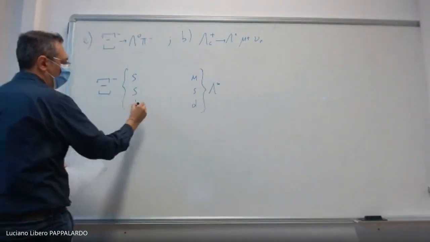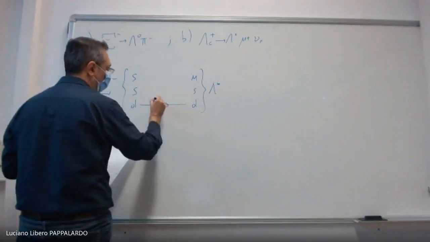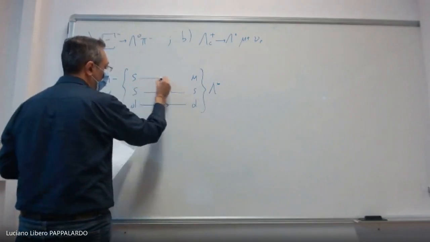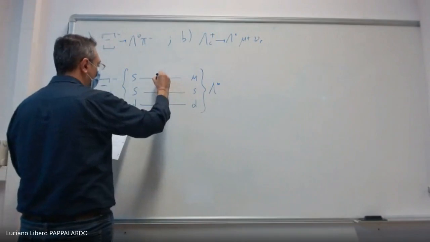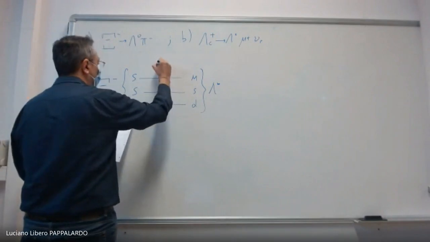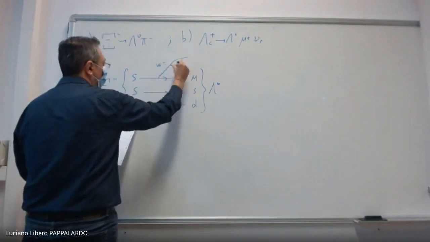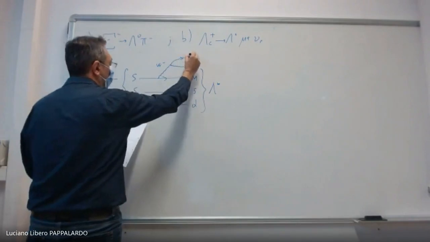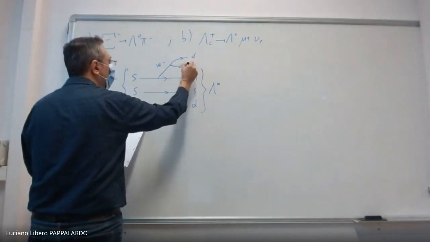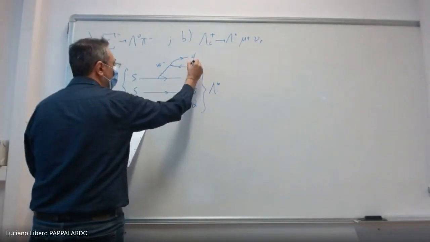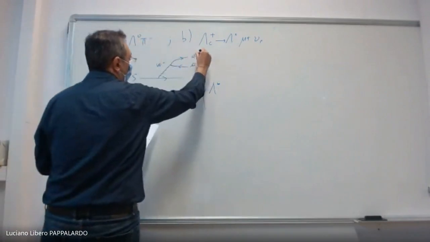What happens is that this is spectator, this spectator, this s changes into a quark with the emission of a W minus, which decays into a d u-bar, which makes our final state.